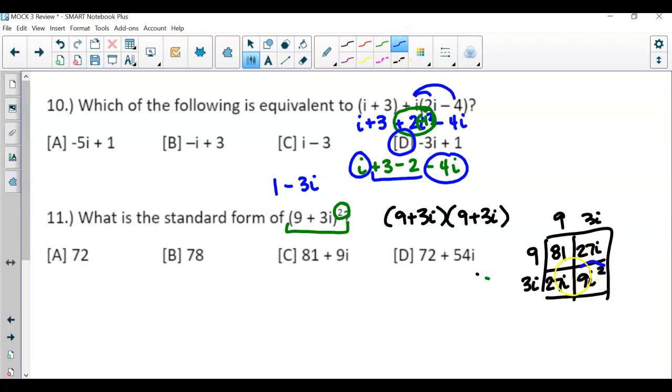So now here, I notice I've got i squared, right? Which is negative 1. So this is not a positive 9 anymore, but a negative 9 from that negative 1. Then combine like terms. 27 plus 27 is 54i. I also have 81 minus 9, which is 72. So that's why here with 72 plus 54i, the answer is D.